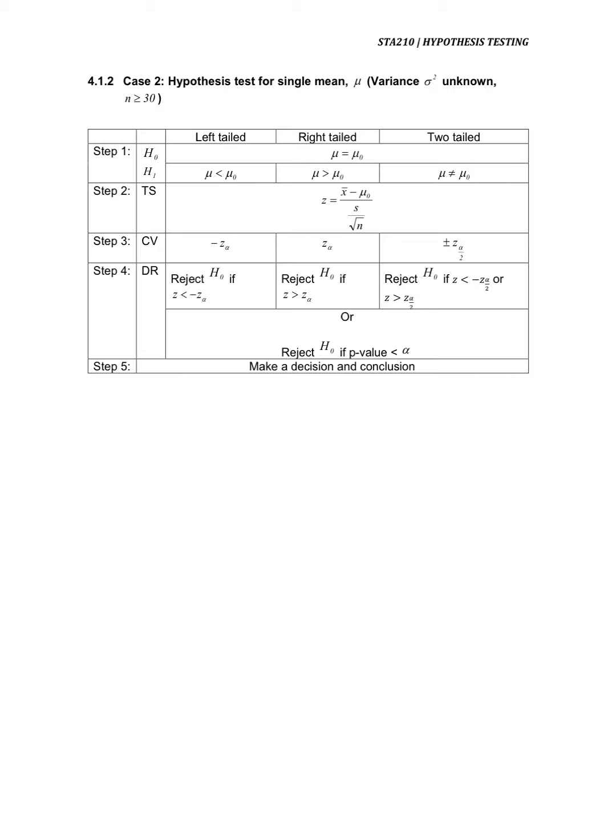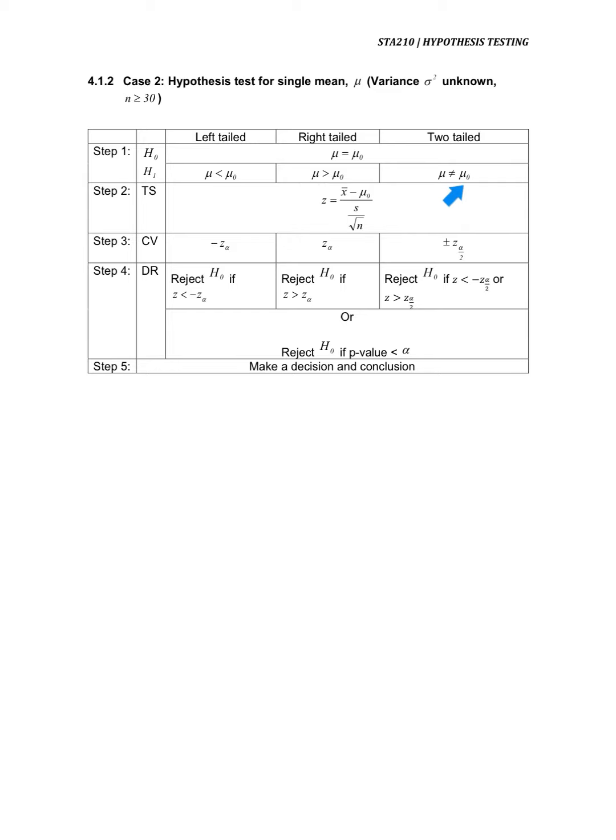I repeat the steps involved here. Step number 1, decide what your null hypothesis and alternative hypothesis are. Your H0 or null hypothesis is mu equals mu naught. Our H1 or alternative can be mu less than mu naught for the left tail, mu greater than mu naught for the right tail, or mu not equal to mu naught for the two tail.